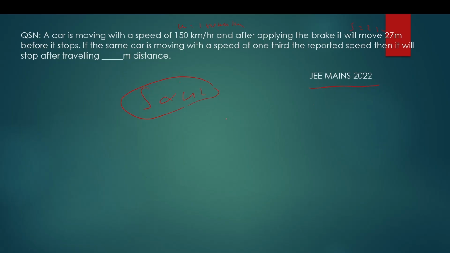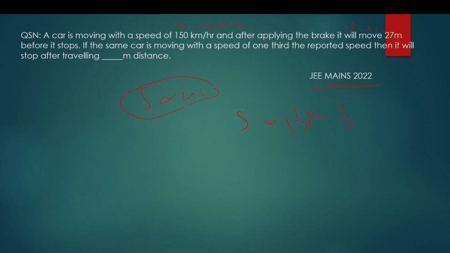Okay, so what we will do, the question asks if the same car is moving with a speed of 1/3, so s is directly proportional to (1/3) square, equal to 1 by 9. So when the body is moving with 1/3 velocity, the stopping distance will become 1 by 9, as the stopping distance is directly proportional to the square of the initial velocity.